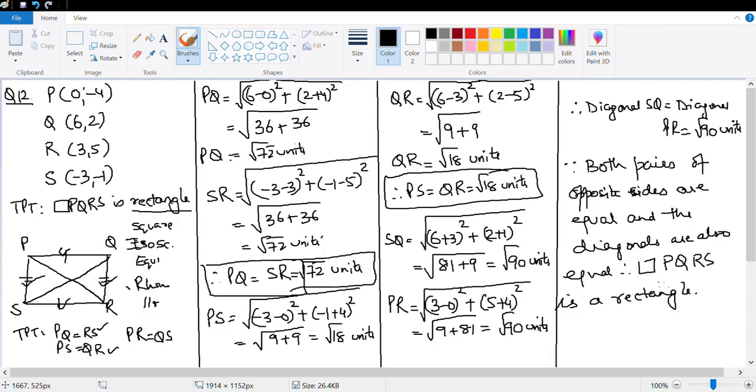Perfect. Now in case you had to prove it to be a square, how would you prove it? Well, in the square you will prove that all four sides are equal, and then you will also prove that the diagonals are equal. So that's what you will have to do, right?